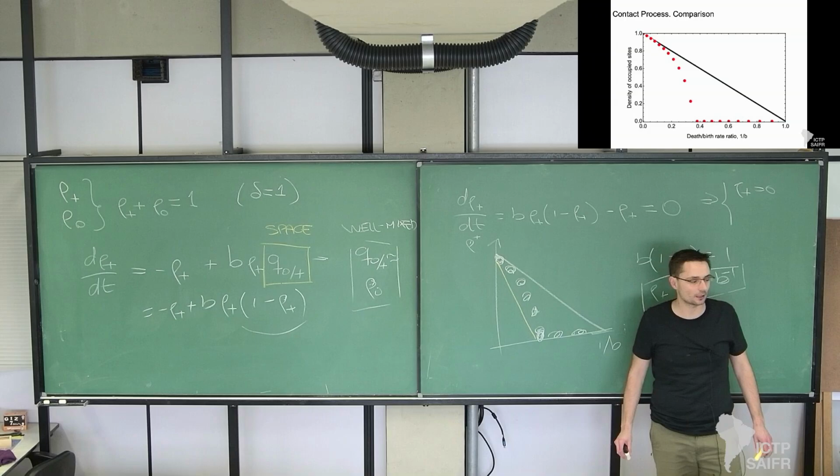Would be good where? Could you please open the plots? It's just rho plus as a function of t.